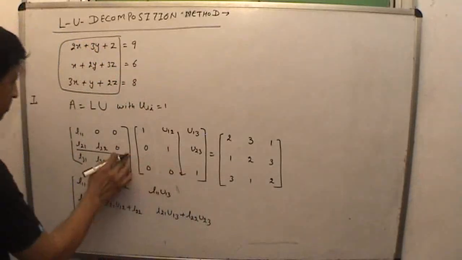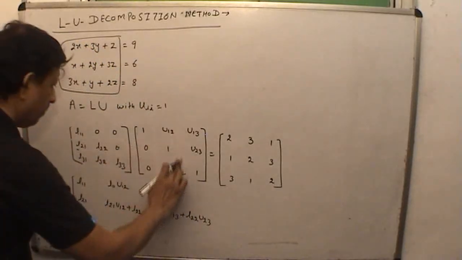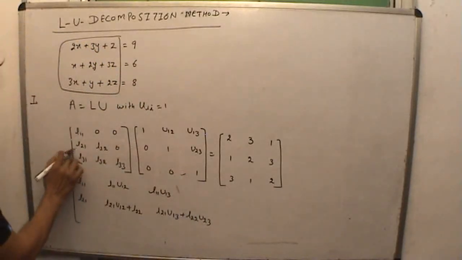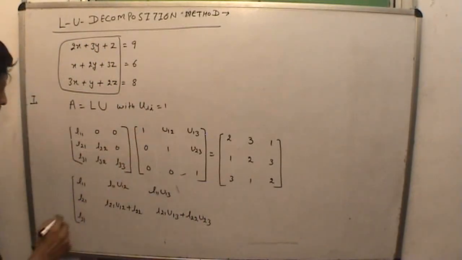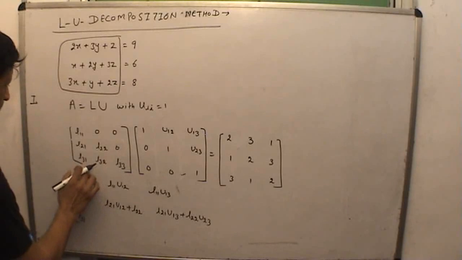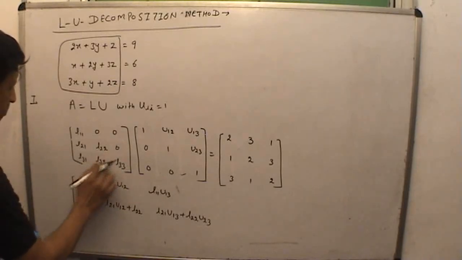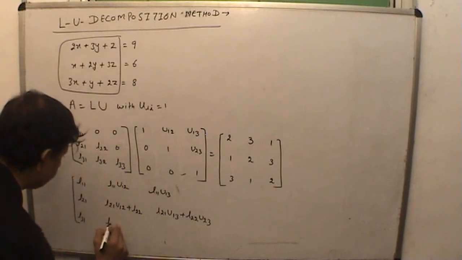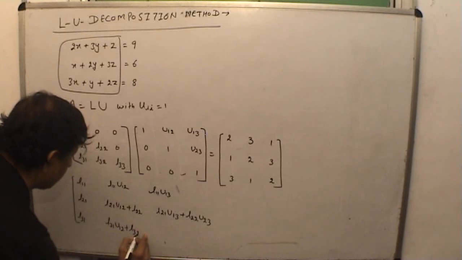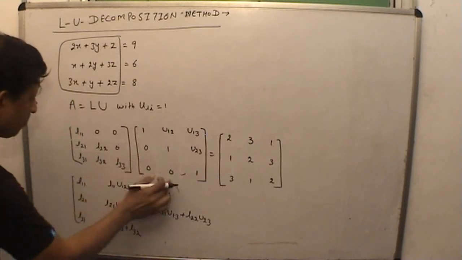Then third row, first column: L31, the other products are 0. Then L31 U12 plus L32.